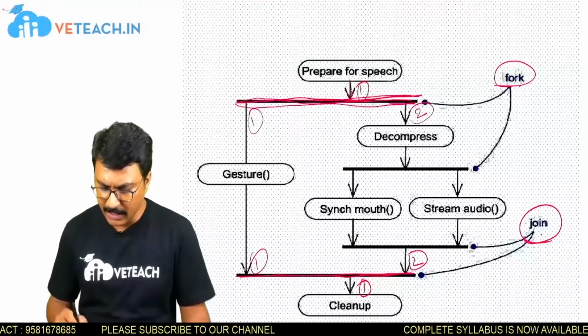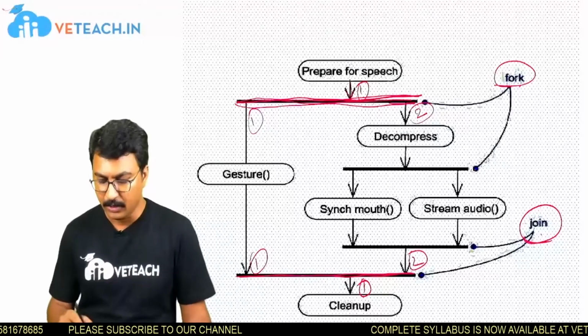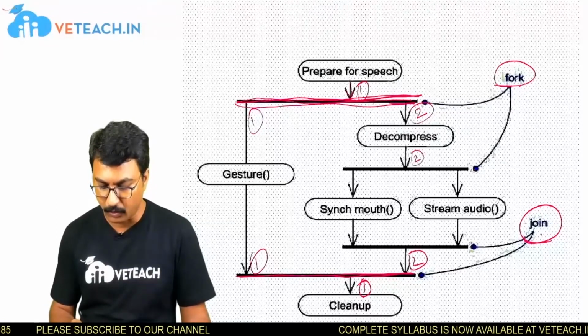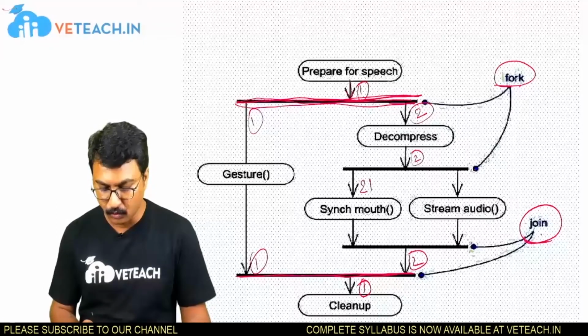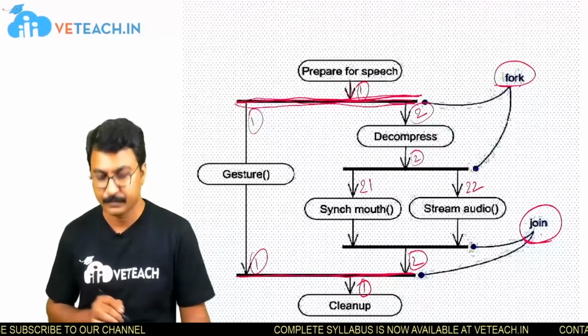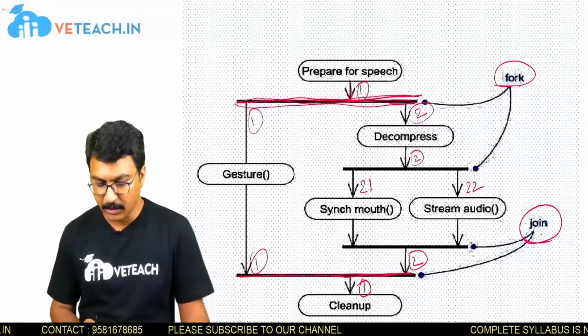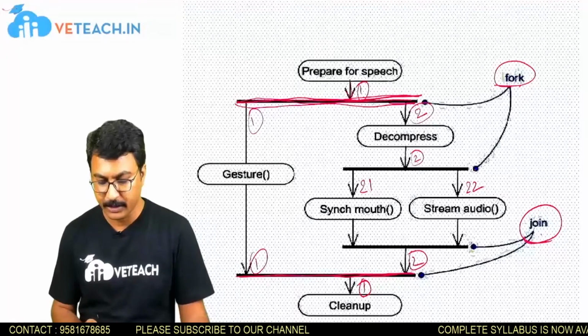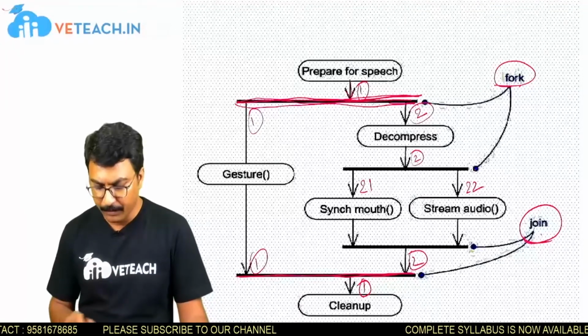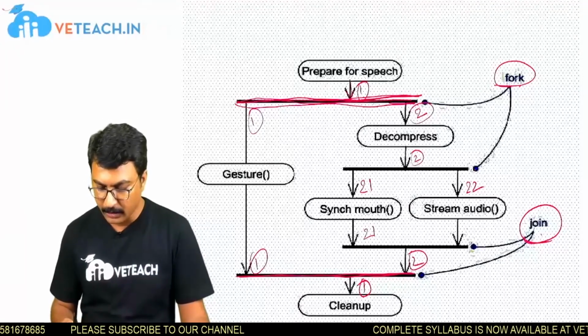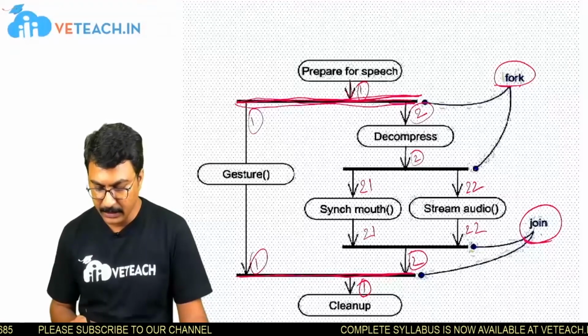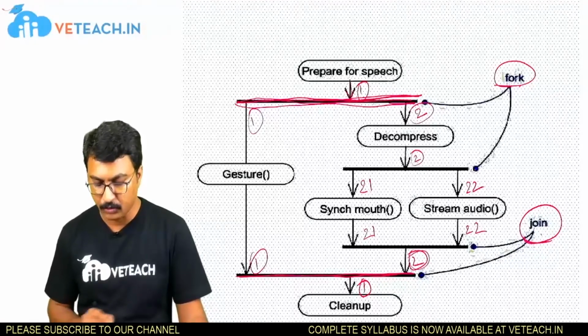Please see that there is another fork and another join. One of the concurrent flows, flow 2, has been split into 2-1 and 2-2. What happened to that 2-1 and 2-2? They have been merged together into 2 again.